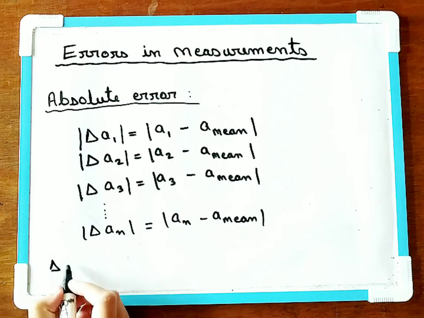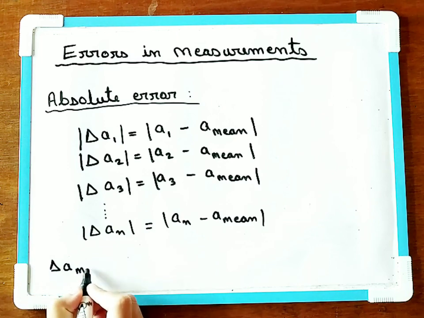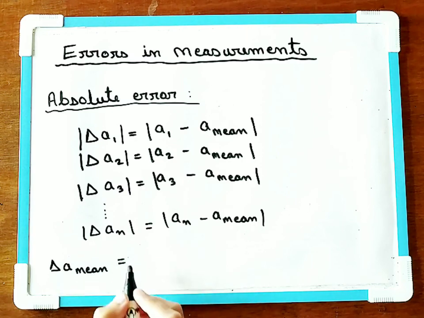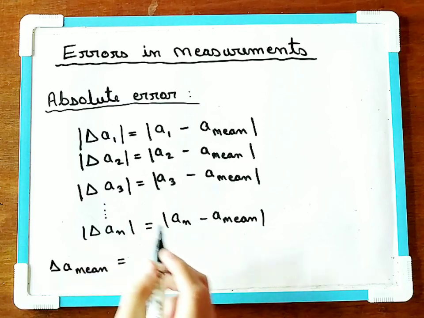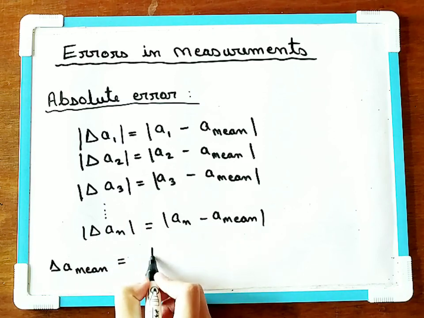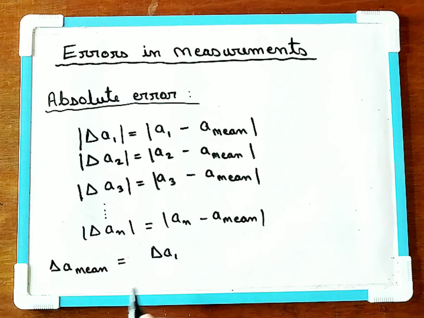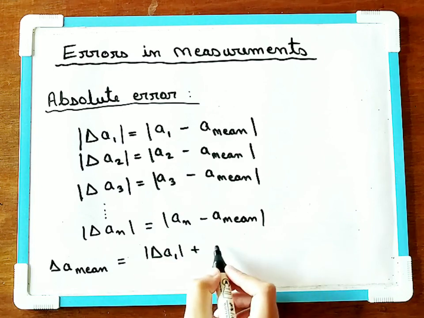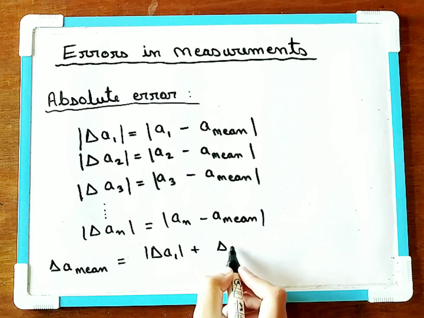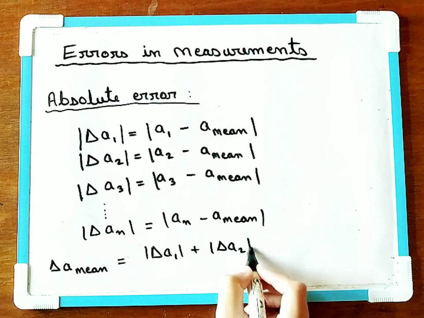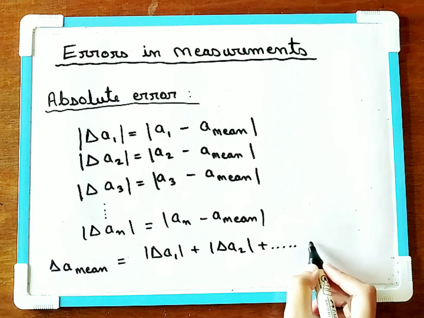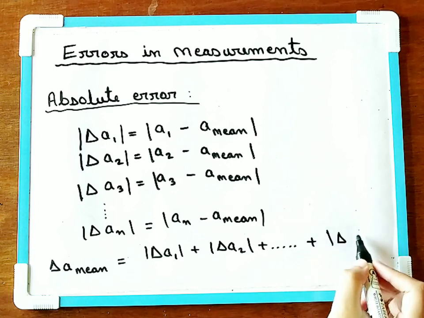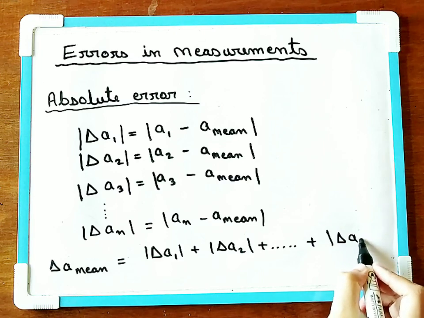delta A mean, this will be the sum of all the individual absolute errors: modulus of delta A1 plus modulus of delta A2, then plus modulus of delta AN.